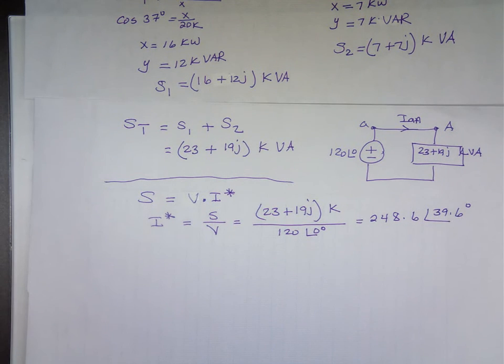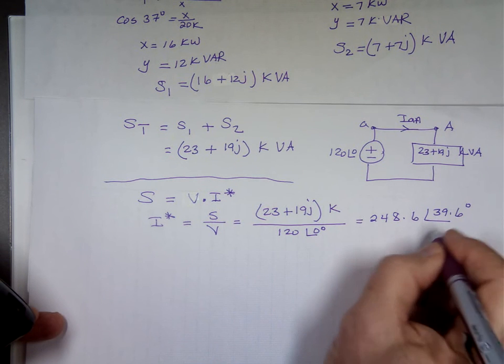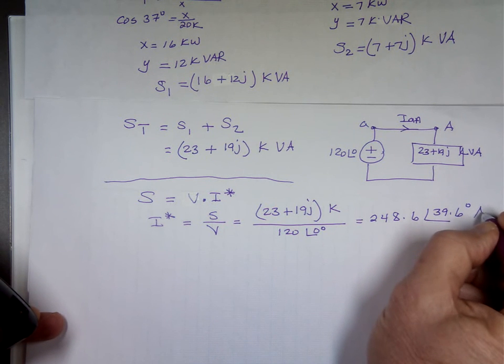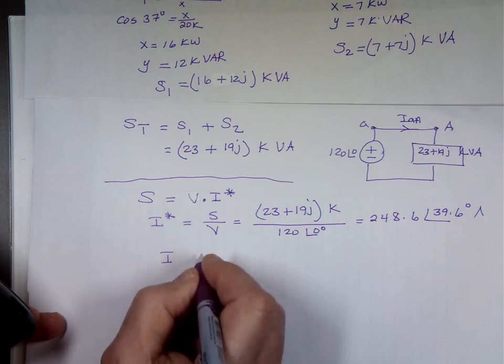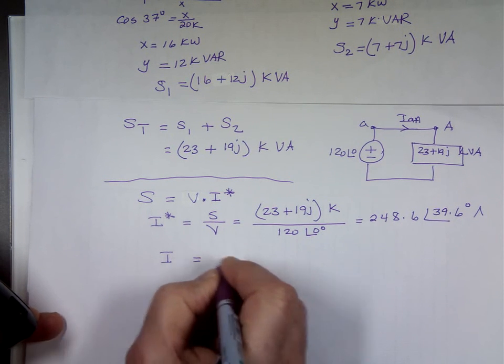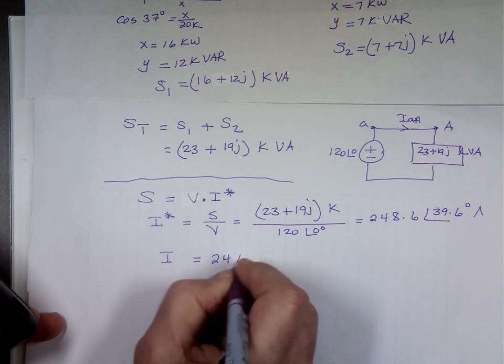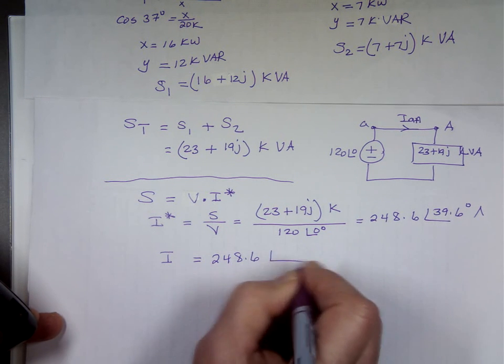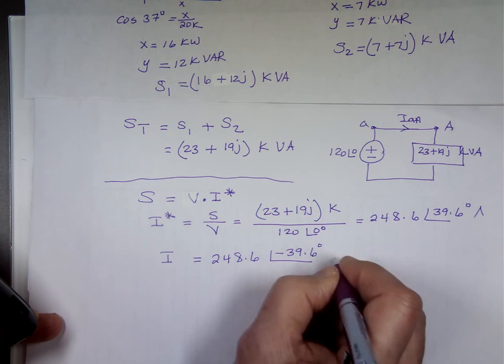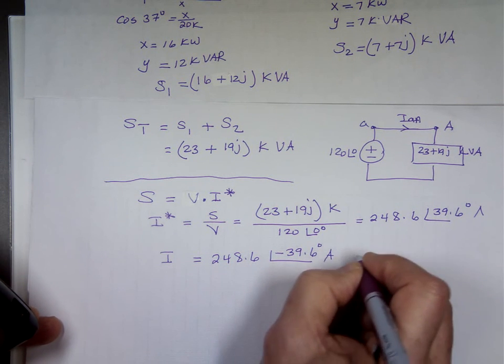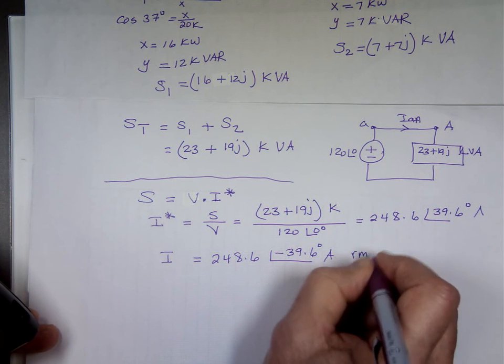That's my current, in amps, and these were RMS values, by the way. Oh, wait a minute. This is the conjugate, right? So my I is going to be 248.6 angle negative 39.6 amps, and this is RMS.